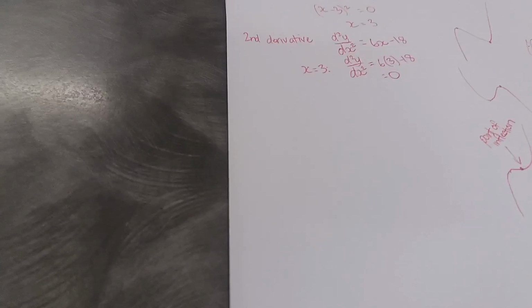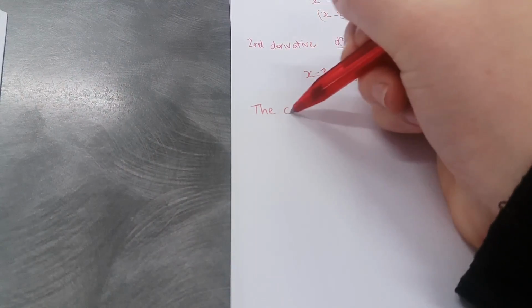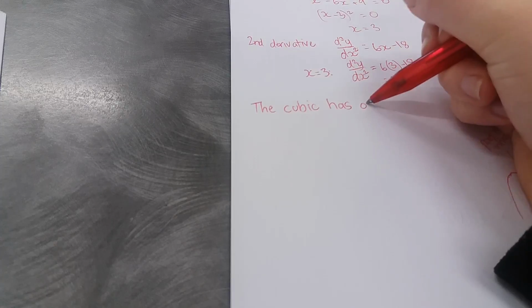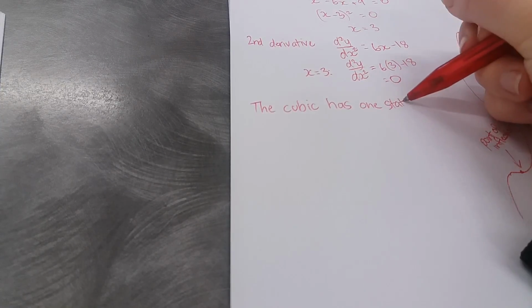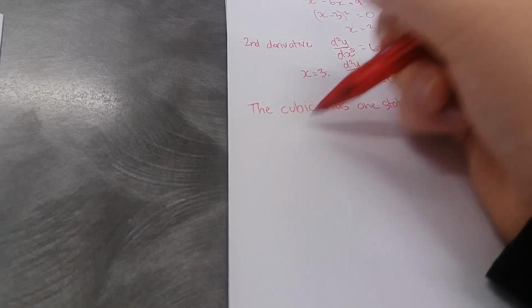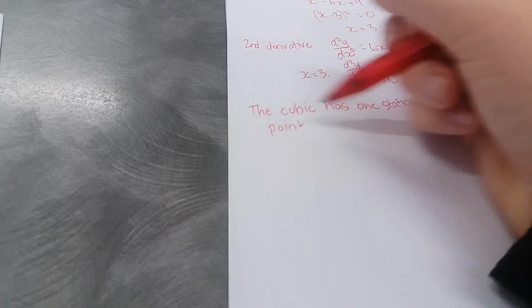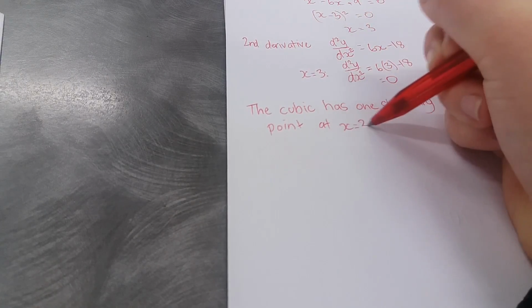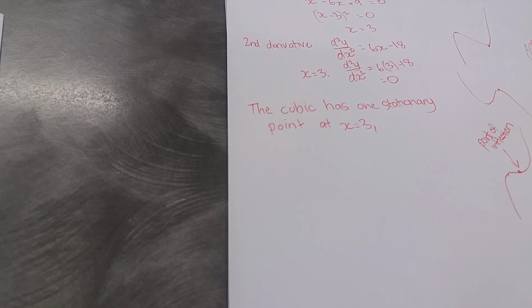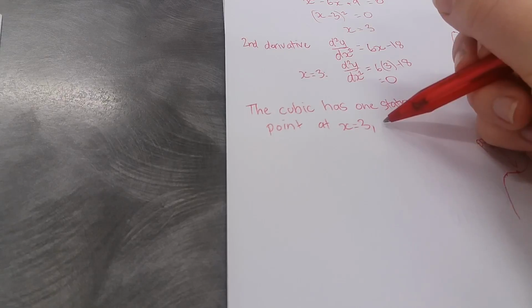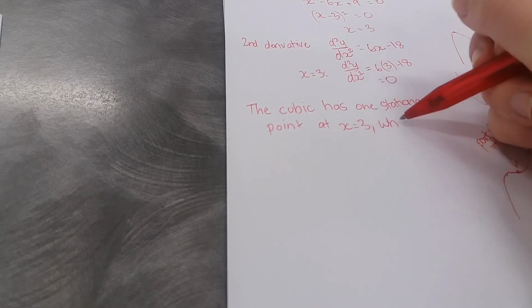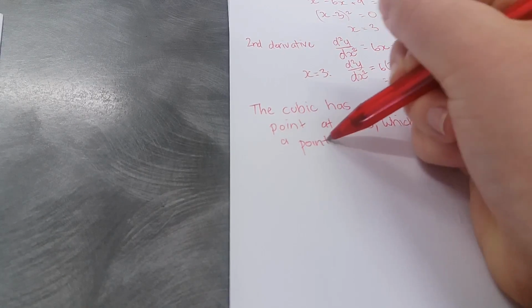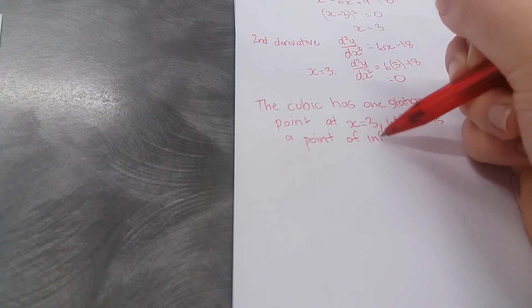Okay, so the cubic has one stationary point at x equals 3, which is a point of inflection.